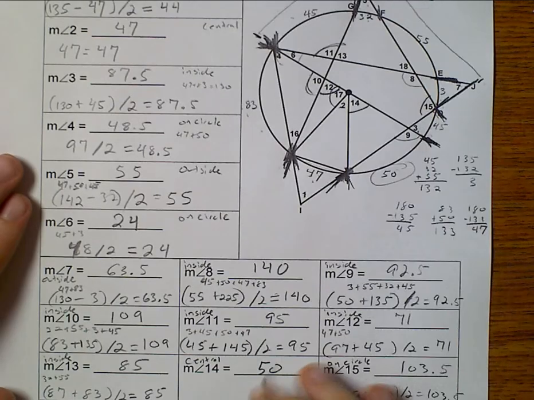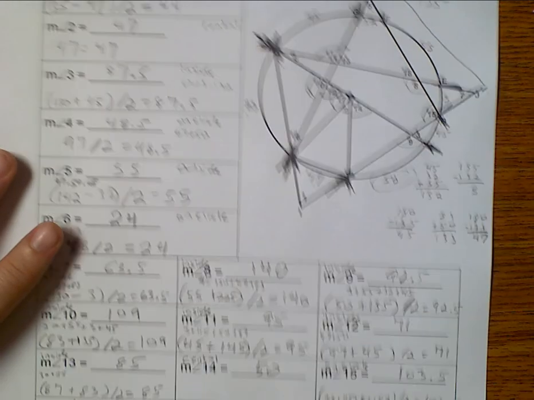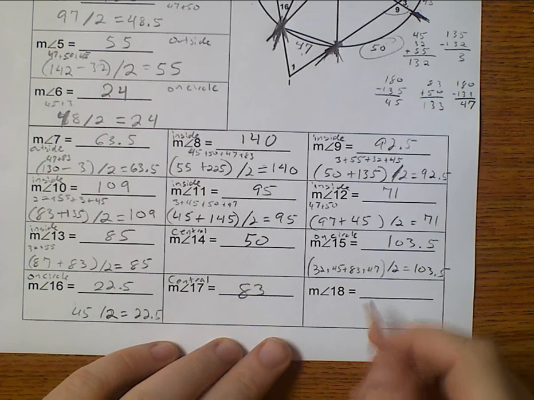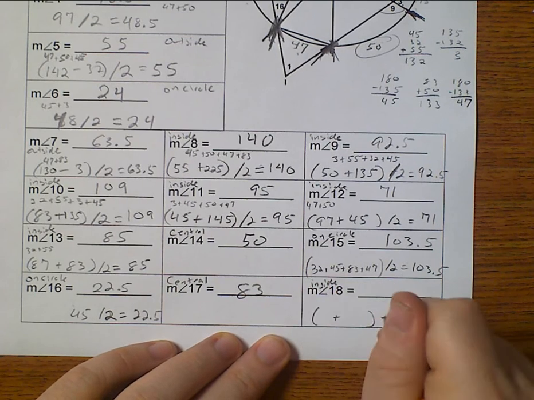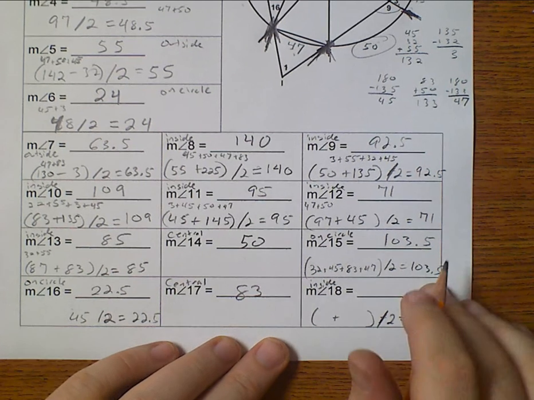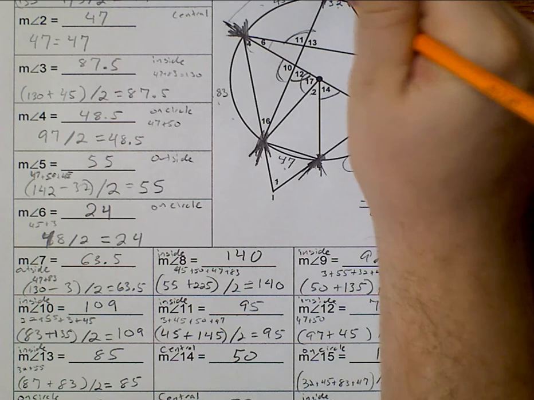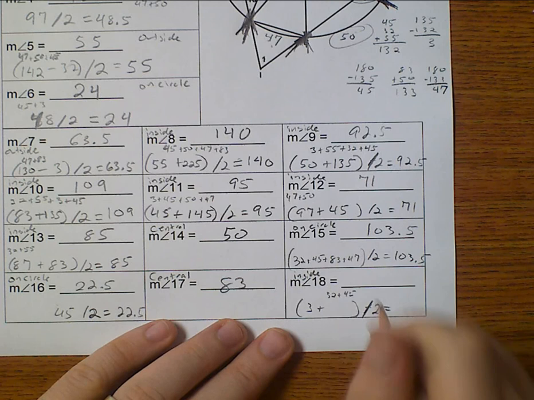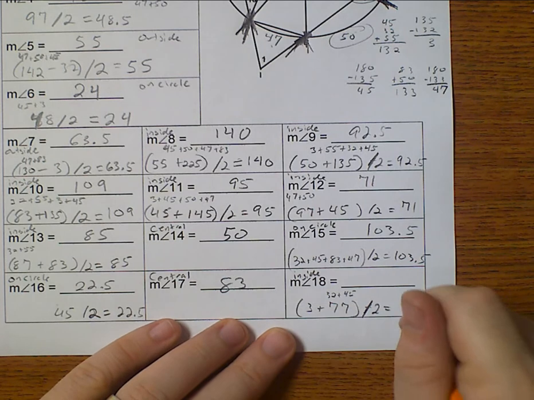And if we look at it, it goes from here to here, so that's just the 83. And our last one, angle 18, is inside. So I look at it. It uses the 3 over here. And it also uses the 32 plus the 45, which gives us 77. Well, 77 plus 3 is 80 divided by 2 is 40.